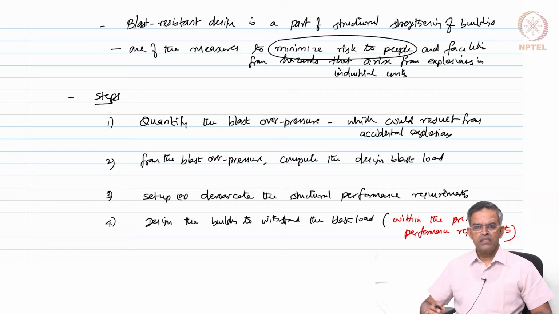You must set the standards, the deflection requirements, the strength requirements, the performance criteria of the structure which you are going to design for a specific blast load. Once it is preset, then you will design the building for that computed blast load to meet these preset requirements.